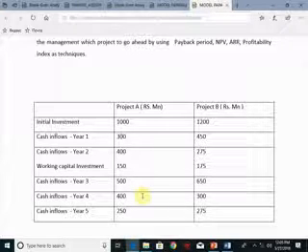Then you can calculate the present value of cash flows. 1000 multiplied by 1, likewise. Minus 1000. 273. 330, and there is an outflow also.